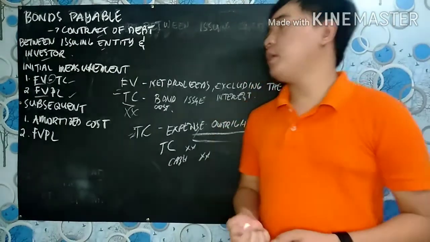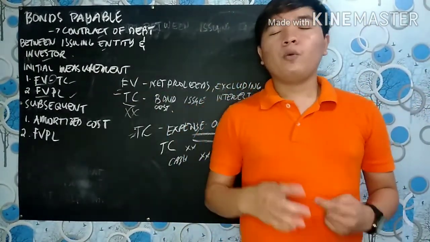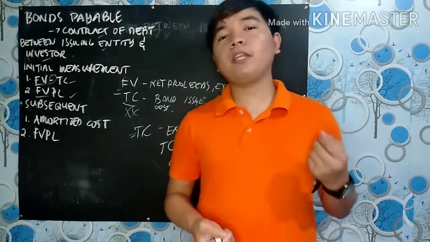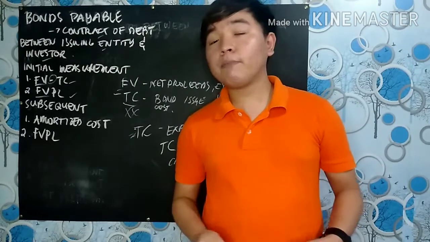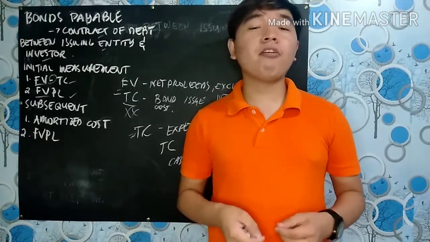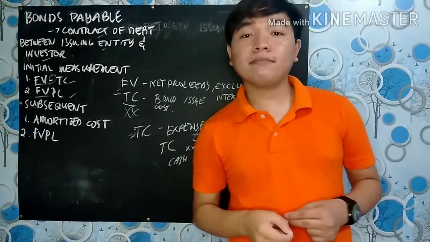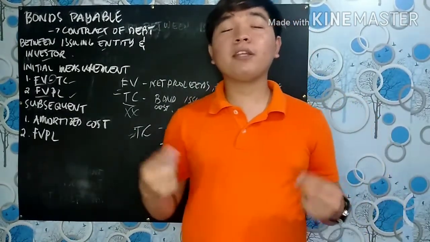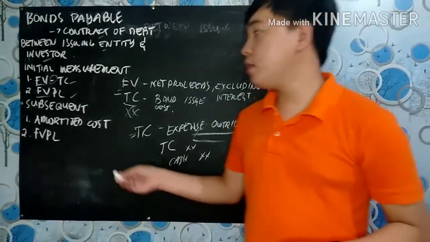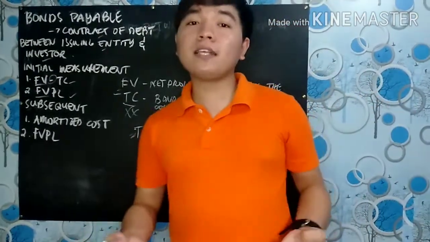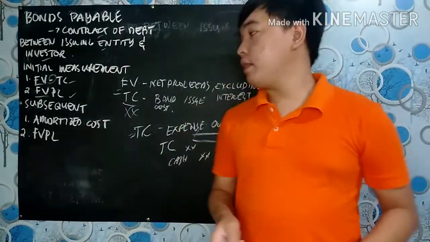So, common entry, transaction cost or bond issue cost, debit, tapos credit tayo ng cash. Okay? Ayan po. So, let's proceed to the subsequent measurement. When we say subsequent, ito yung measurement natin at the end of the period. Let's say calendar period, it ends December 31, or fiscal period, it ends in any month. But of course, dapat 12-month period. So, ayon sa standard, there are two subsequent measurements.